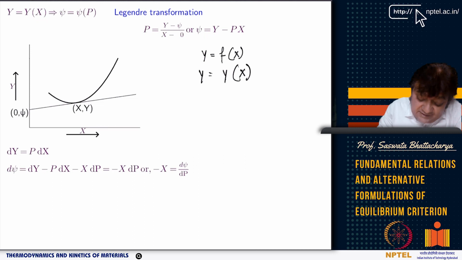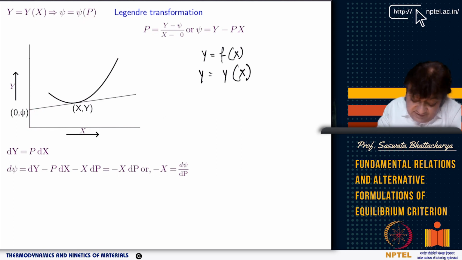The same curve can be written in terms of a tangent to this curve, which has a slope p and an intercept psi. So 0 comma psi is the intercept, and p is the slope.